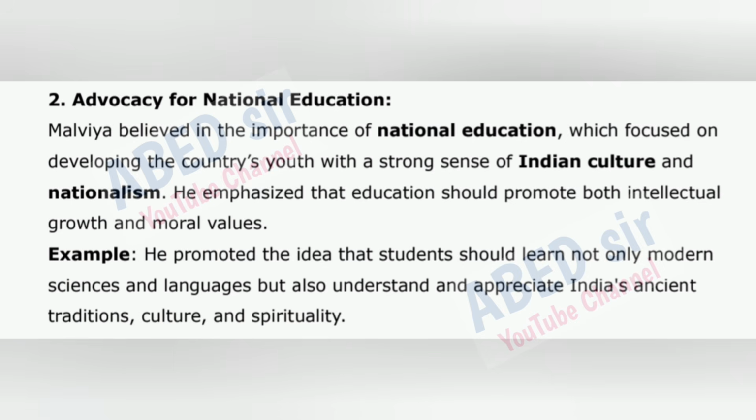He emphasized that education should promote both intellectual growth and moral values. Example: he promoted the idea that students should learn not only modern sciences and languages but also understand and appreciate India's ancient traditions, culture, and spirituality.